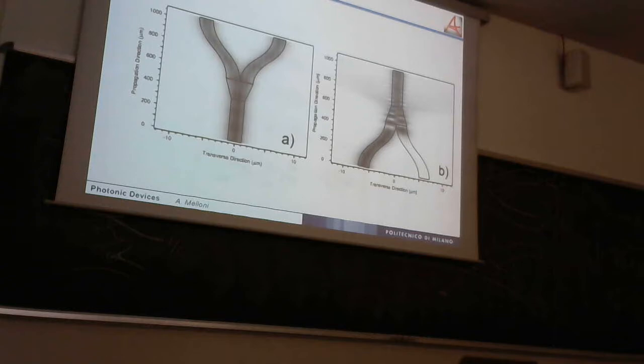And you see that the light arrives here and splits in an equal way, and you have the same power again. Here you see the taper, so the single mode waveguide becomes wider, and at some point splits in two different waveguides with the same monomode regime as the input.